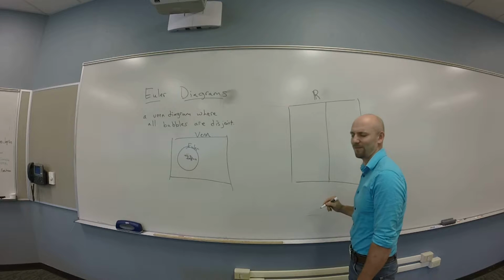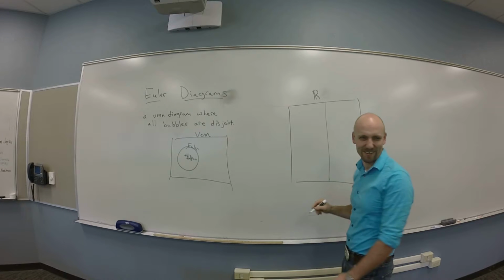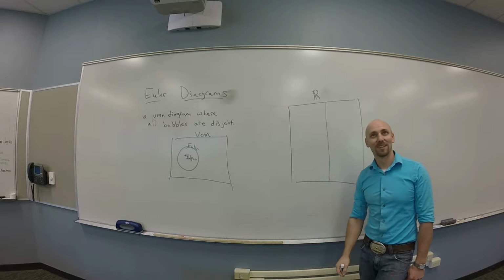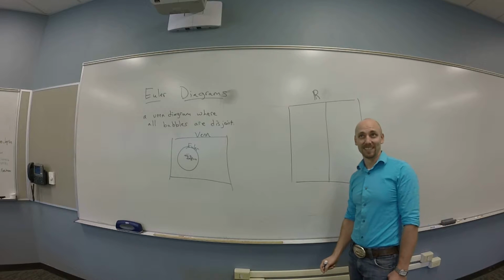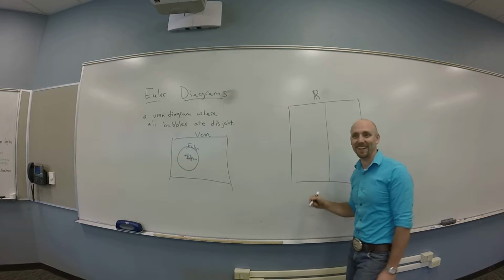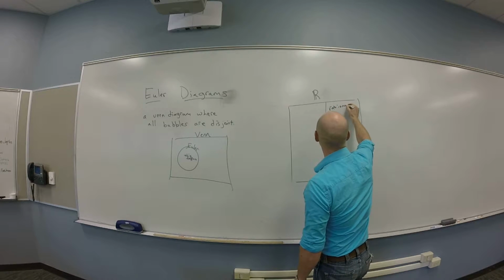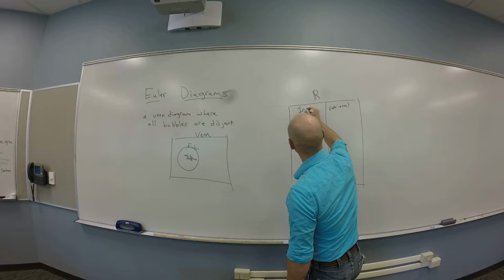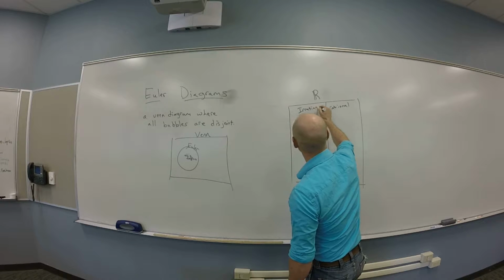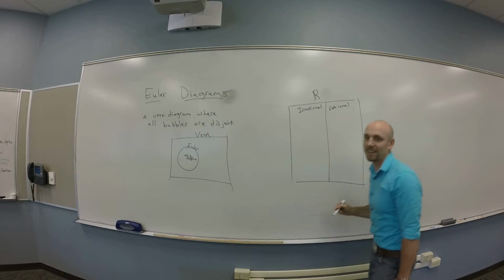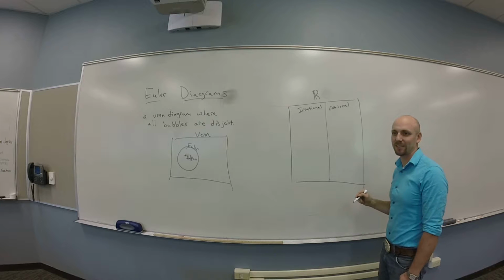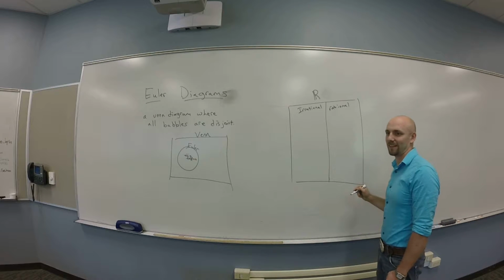Positive and negative would be two valid splits, but not the ones I'm talking about. Rational and irrational. And then in the rational numbers, we have the whole numbers.